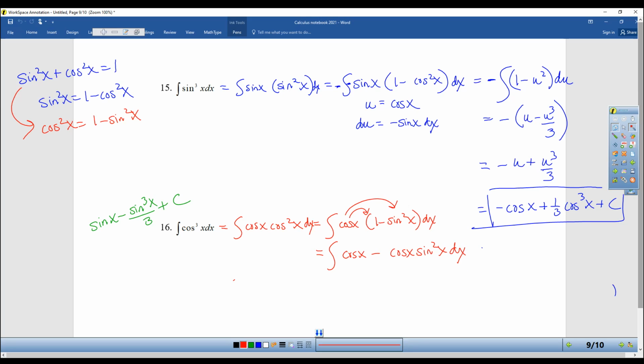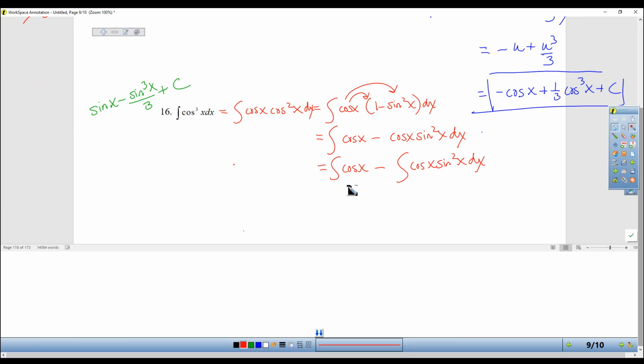So slightly different tack here. I'm going to do the integral of cosine of x minus the integral of cosine of x sine squared x dx. This one can just straight up be done. The integral of cosine is sine. This one requires u substitution. U is sine of x, du is cosine of x dx.